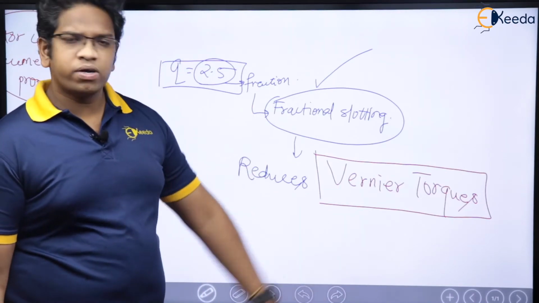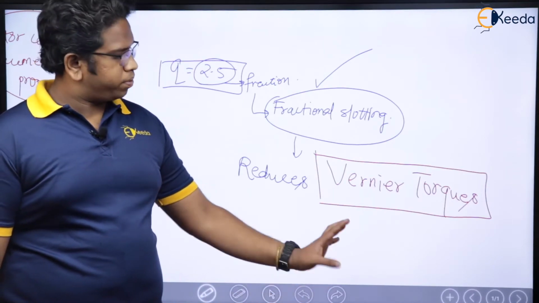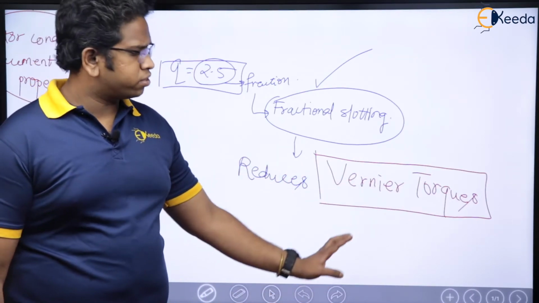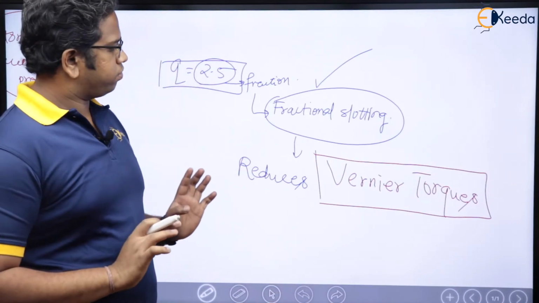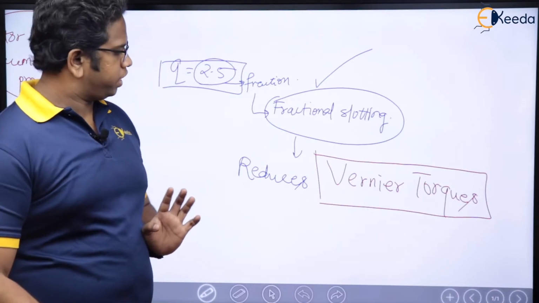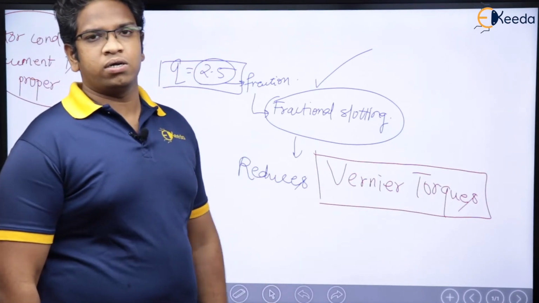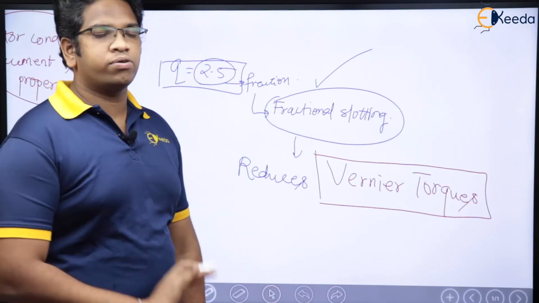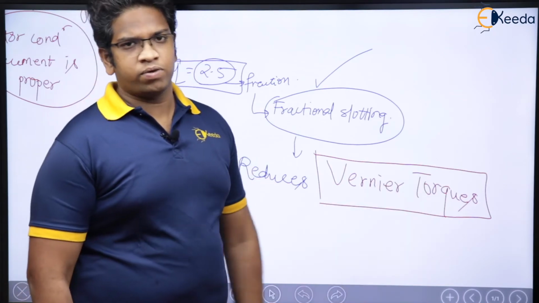What do you mean by vernier torques, sir? This is going to be a completely separate discussion. It is out of our scope. You just remember this thing as an engineer, that yes, by doing fractional slotting, Vernier torques are reduced. That's it. That is what you have to remember. Nothing else. Because it is out of our scope.